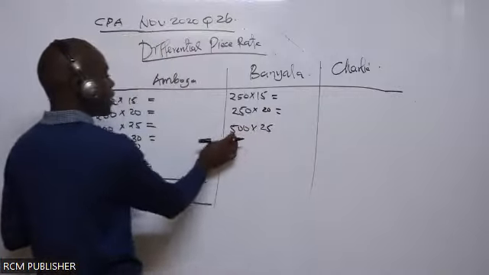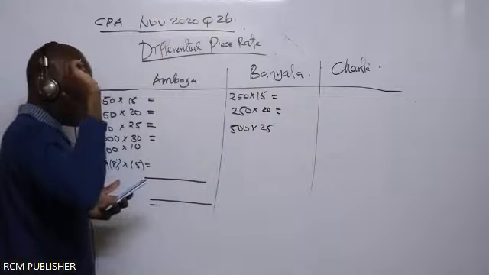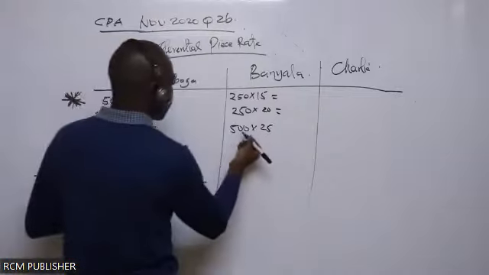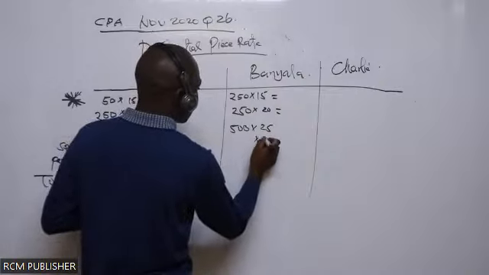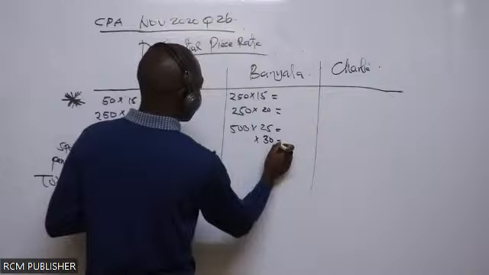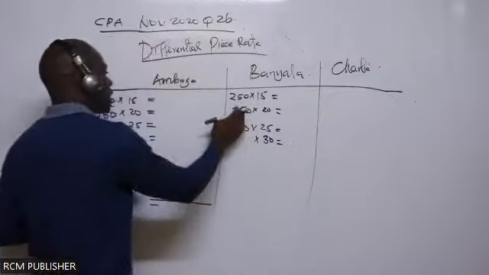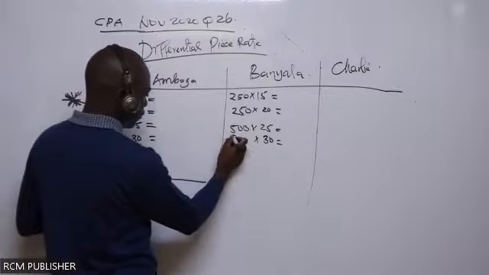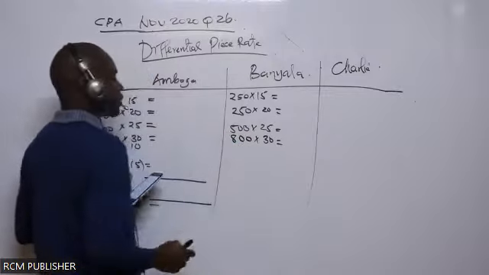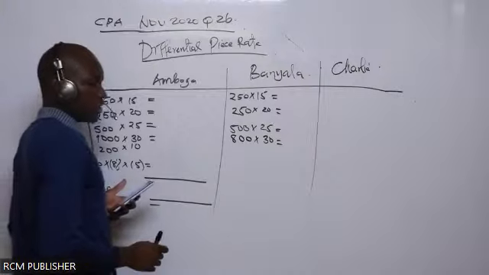If I add these ones here, still it is less than 1,800. So I will now proceed to get the balance. Anything that is over 1,000 will be paid at the rate of 30. This one is 1,000. It exceeds 1,000 by 800. So that is what we have.